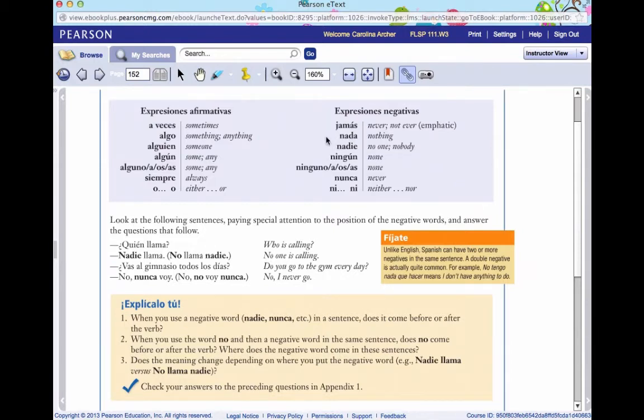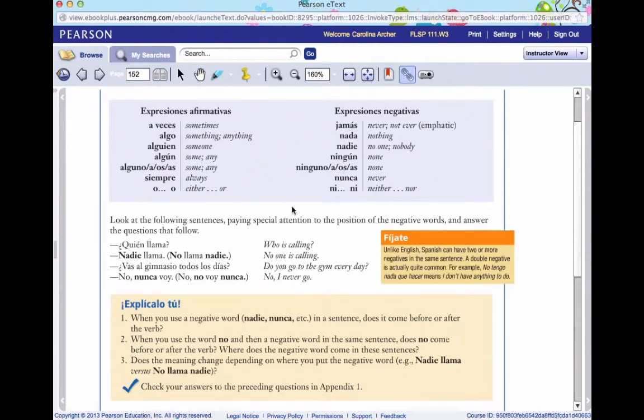Okay, in Spanish you cannot say that. You have to use a double negative, and the same thing with nadie. They helped nobody. Okay. So you do have to have a double negative in Spanish. You cannot use the word nada and nadie without the word no.